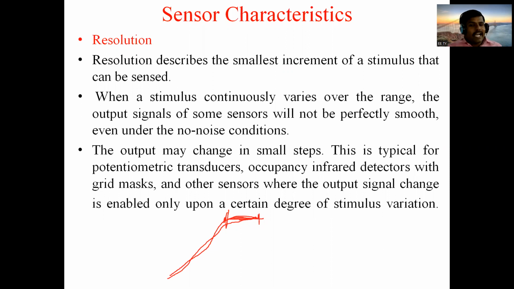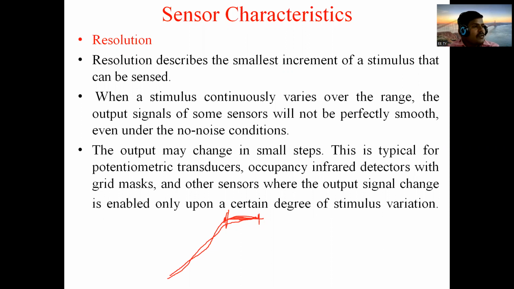So again, occupancy infrared detector: an infrared or IR detector will sense the occupancy. So these are some sensors having a varying input. त्याचे जे काही input आहे, this is varying input, and the other sensor where the output signal change is enabled only upon a certain degree of stimulus.